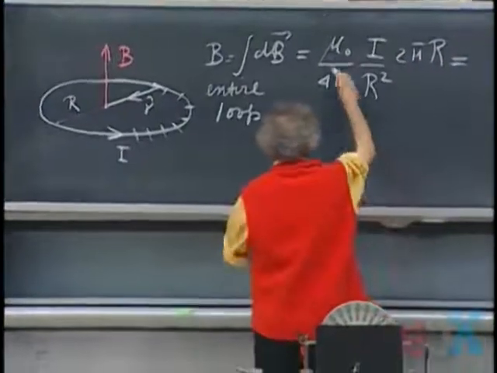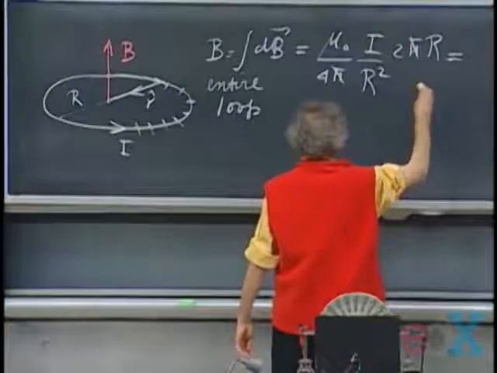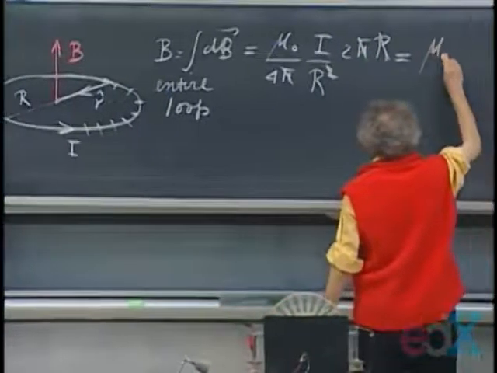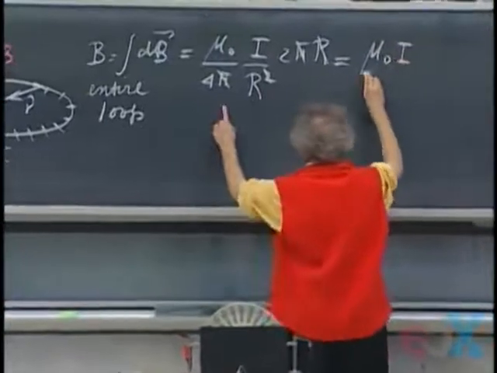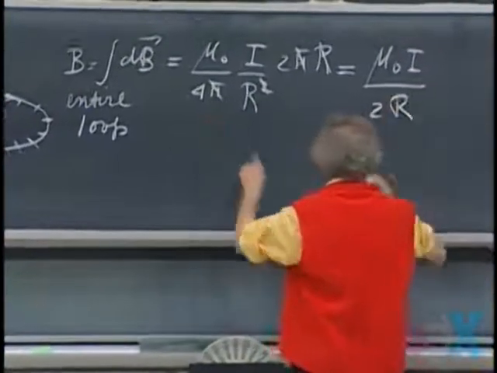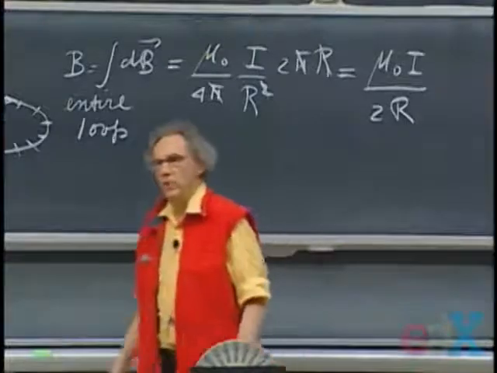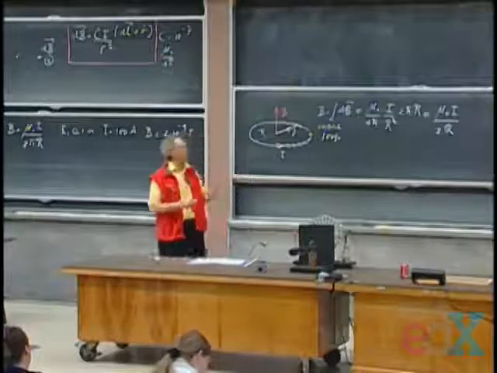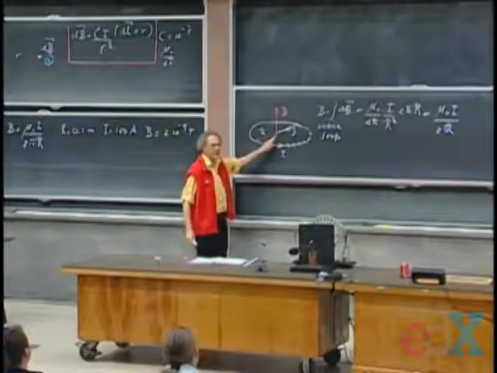And so now you find, you lose a pi, you lose an r, so you find mu 0 times I divided by 2r. Just to show you an example how, in this case, easy it is to use Biot-Savart and calculate the magnetic field right at the center.